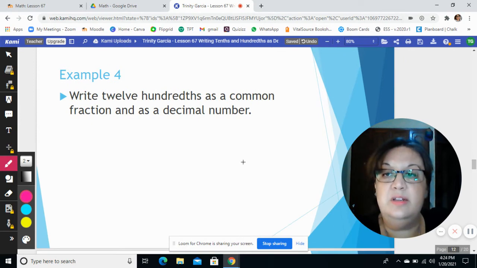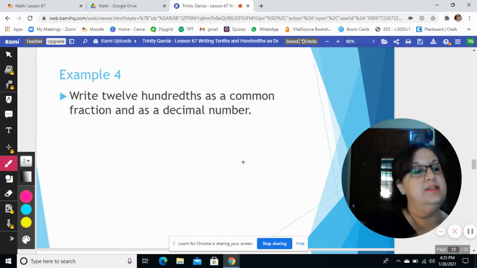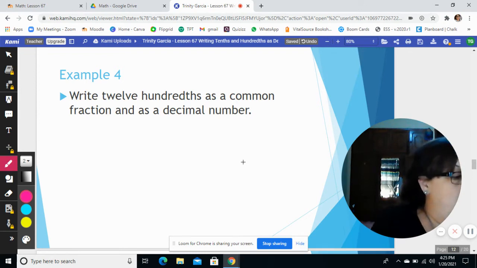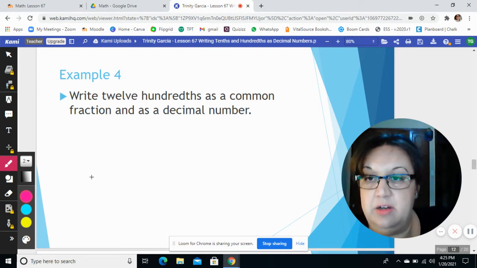So let's work on it together. Example 4. Write 12 hundredths as a common fraction and as a decimal number. Okay, 12 hundredths. That tells us lots of things, actually. We know that for 12 hundredths, we have to have 100 as our denominator, right? Because it tells us right here, hundredths.